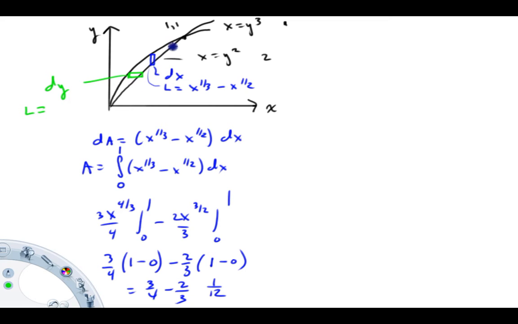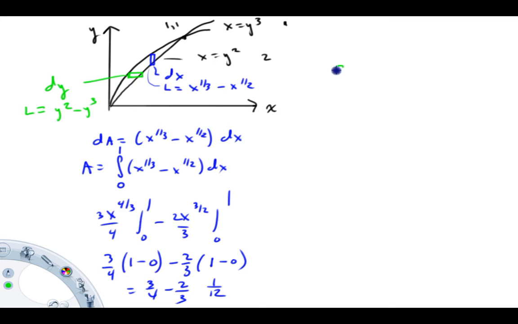So that's this x value, the curve defined by y squared, minus, because we want the bigger x value, this one defined by this curve, minus this x value, which is defined by this curve, so minus y cubed.